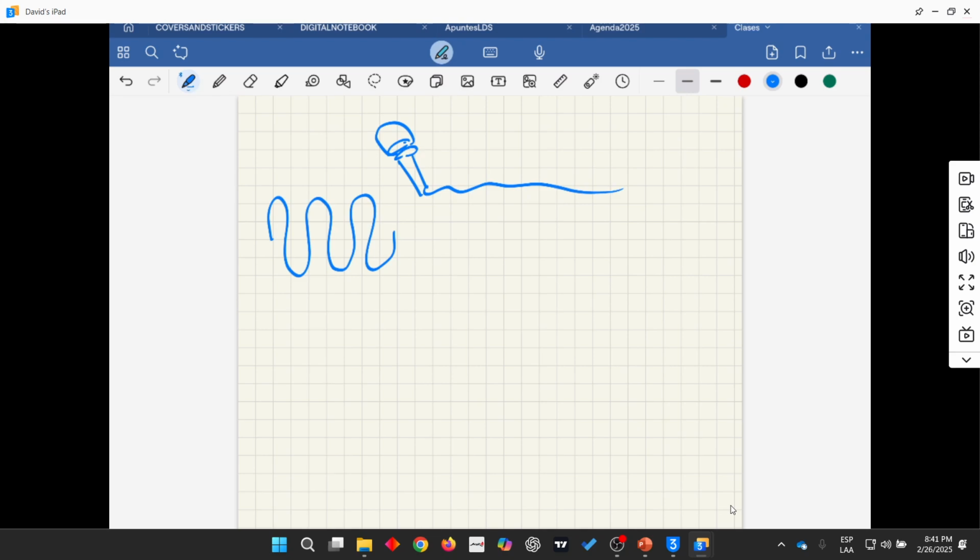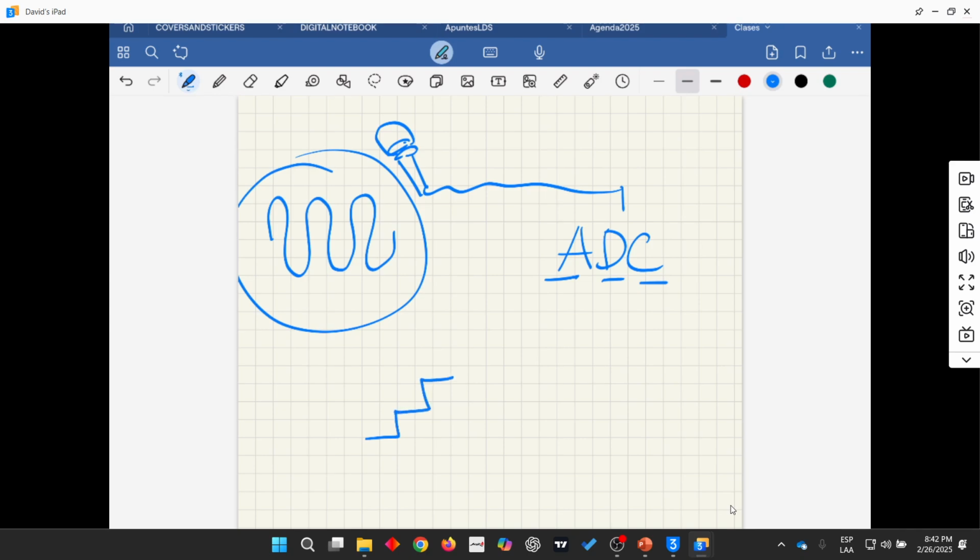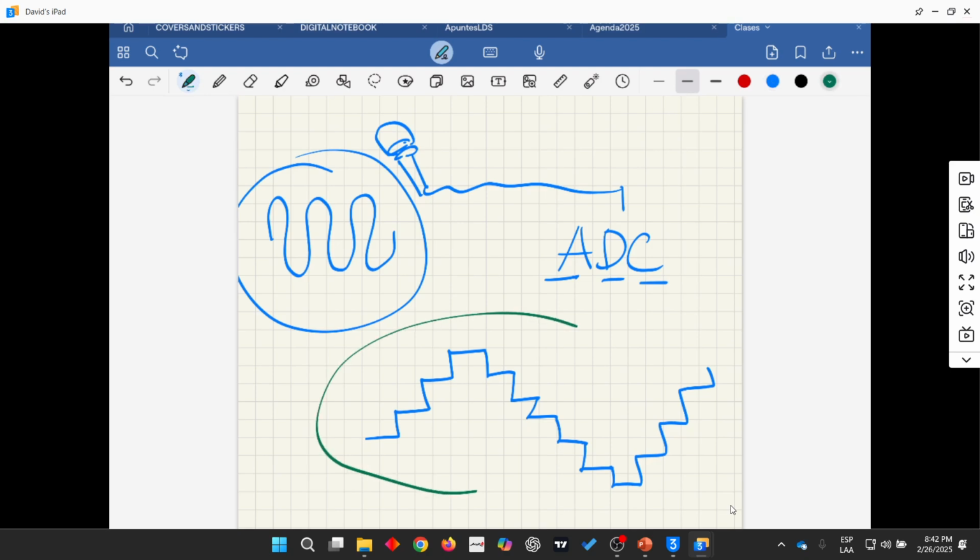The microphone is connected to my computer, but inside the computer we have something that is called an ADC. What is this? Analog to digital converter. That means that these waves are going to be converted to this kind of digital signals. So this is something that the computer can understand.